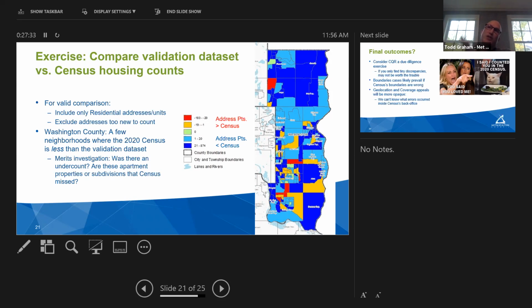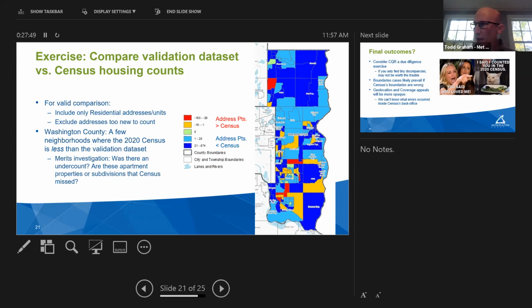So this would be a demonstration of where we are pointing Washington County government and its city halls to look with regard to block groups that may have been undercounted.